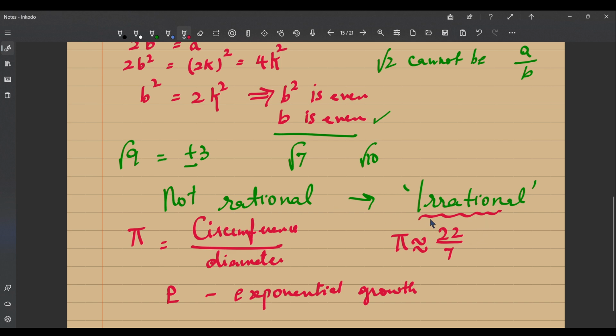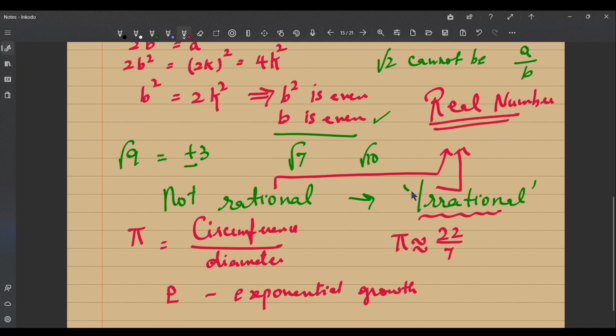But one thing is very clear, both rational and irrational numbers fall under the real number system. Both of them can be denoted on the number line, the real number line. We can plot them. We can find the points on the real number line, which we will show you in this same channel later on. You will learn to plot both rational numbers and irrational numbers on the real number line.